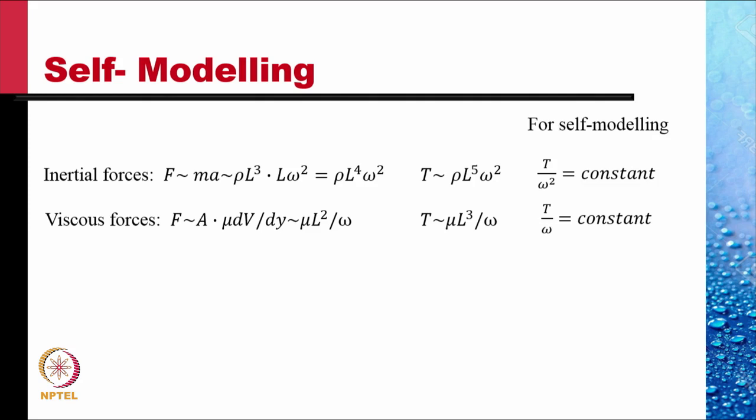For self-modeling tests then, where the length scale is 1 and all the material properties are the same, the inertial force requirement will give you T, the torque, divided by omega squared is constant, and the viscous forces would give the requirement that torque divided by omega is constant.